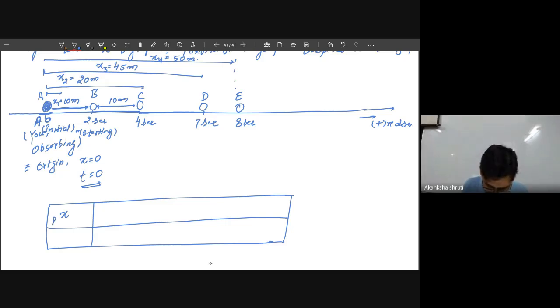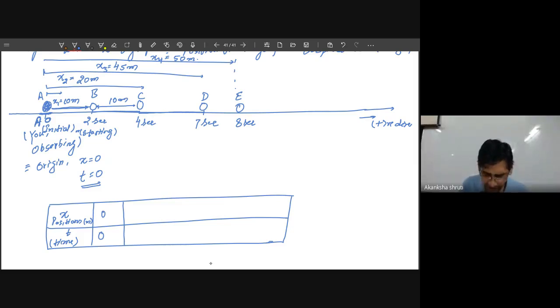So these are the positions. The unit I am taking in meter, and this was the t, the time of observation. When the body is starting the journey, that point we have taken as the origin, meaning t is equal to 0, the position is 0.